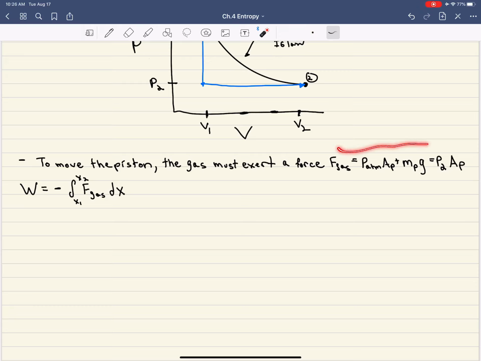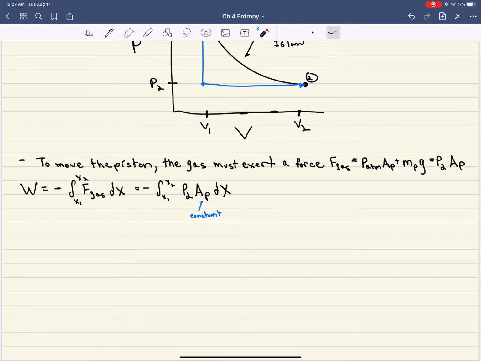From our force balance, we know that the force that the gas is acting against is equal to P2 A_p dx. Now we know that the area of the piston is a constant, and we can move A_p inside this differential so that we get area times displacement, which gives us a volume.